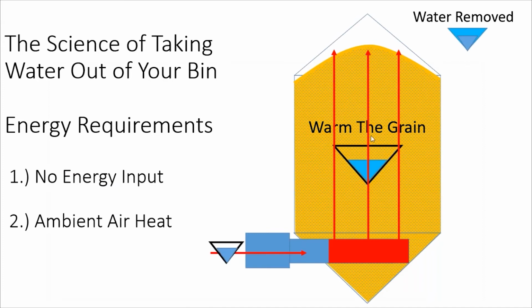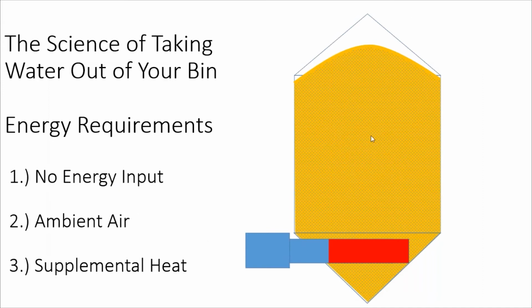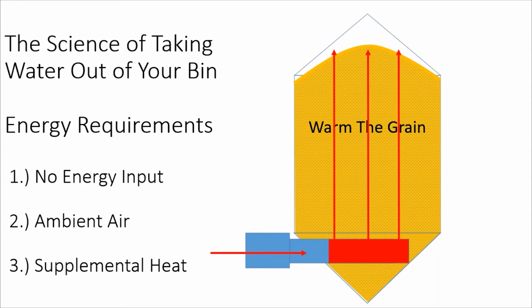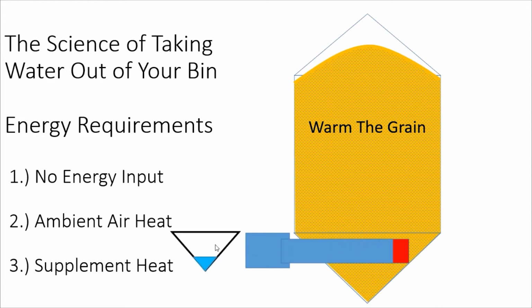Now the third and the most common, I guess from our experience, the best scenario for repeatable and predictable in-bin drying is the use of supplemental heat. Again, you're warming the grain, but the difference is you are adding a significant amount of BTUs with very little additional water.